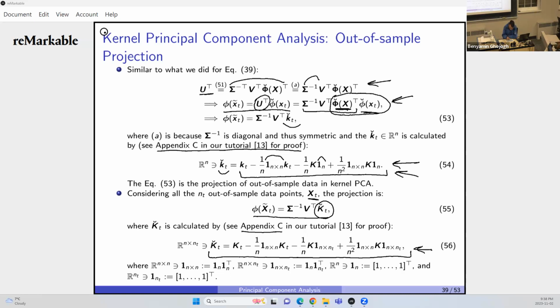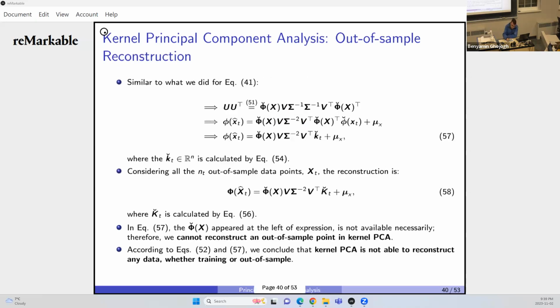Again, see appendix C in our tutorial for the proof. So we talked about out of sample projection in kernel PCA. We can calculate sigma and V by eigenvalue decomposition of the double-centered kernel. We can also calculate KT breve according to these formulas, so we can calculate everything.